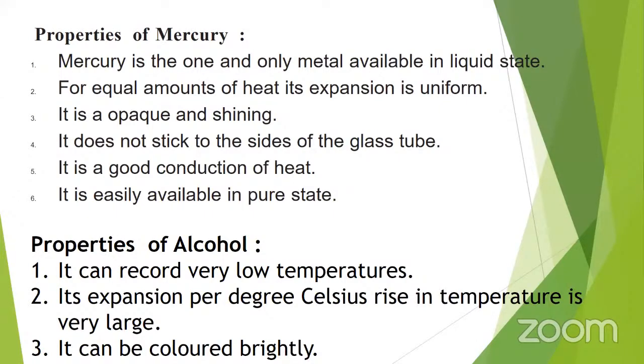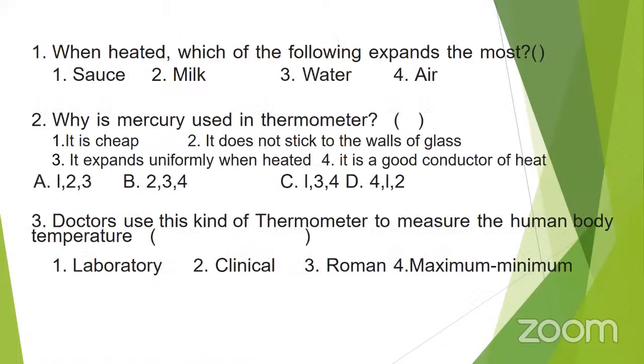That's why we use it in thermometers. So up to now we discussed a few things. Based on that, let us answer these questions. You can respond now. You can read the question. The question number is given and some choices are also given. So you post your answers.